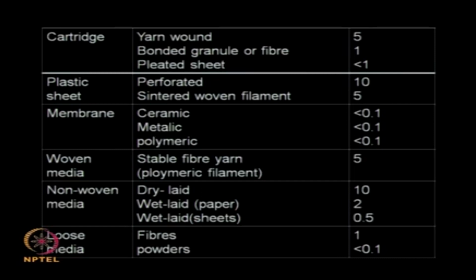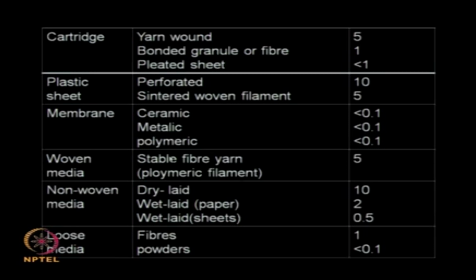We can go down to very small 0.1 micron or even less than 0.1 micron material. Then if you look at woven media like fiber yarns, polymeric fiber yarns, they can capture only about 5 micron sized particles. Then non-woven material like papers or sheets, then loose media like fibers and powders.